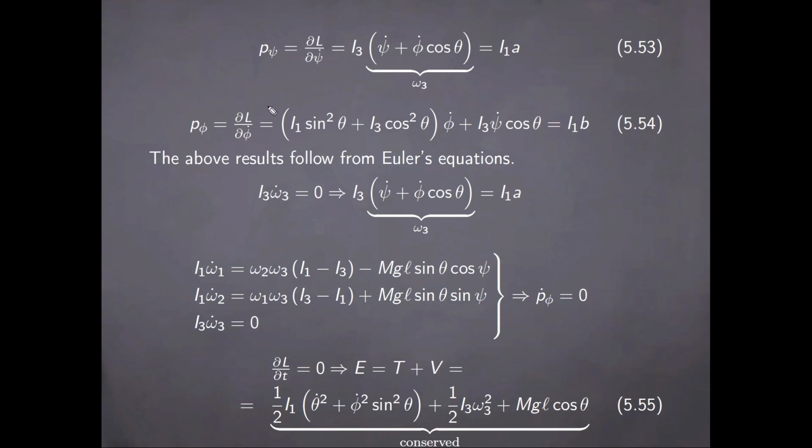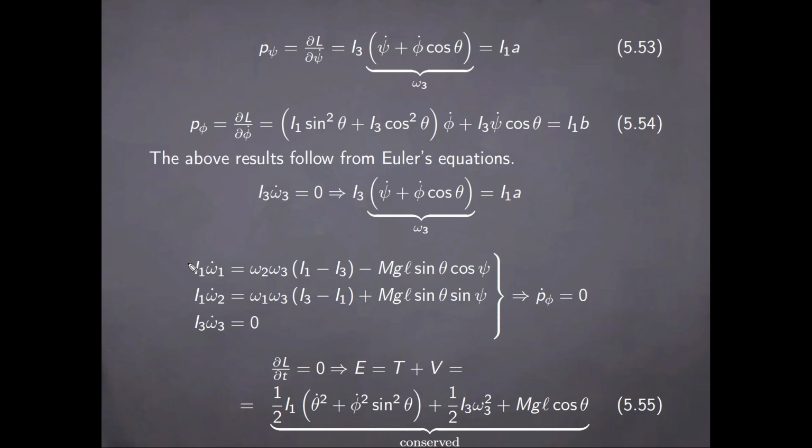And these two results also follow quite simply from Euler's equations, namely the third equation is essentially identical with the statement of the conservation of the generalized momentum conjugate to the spin angle psi.